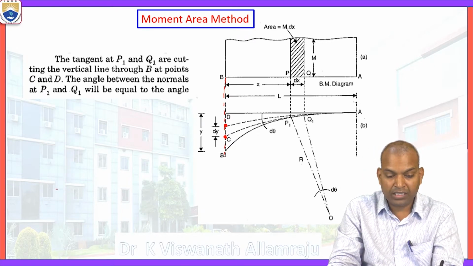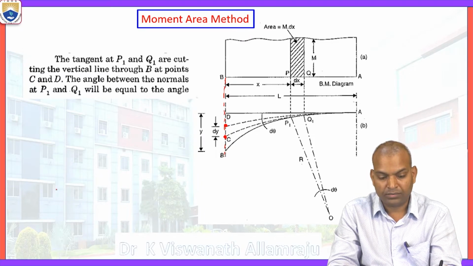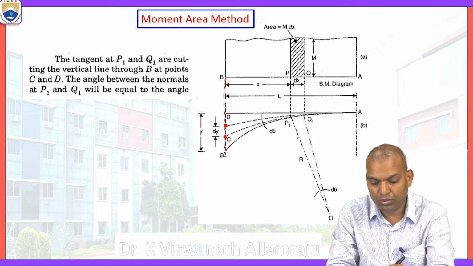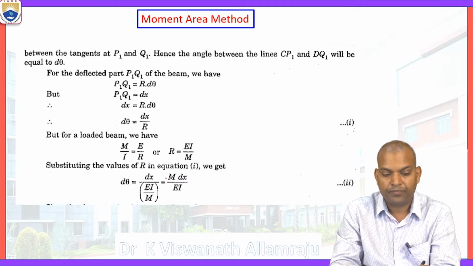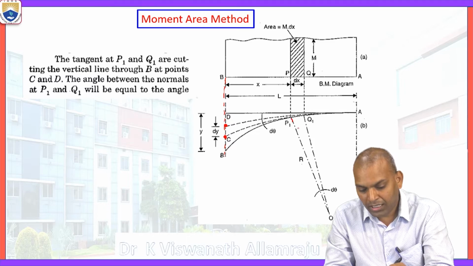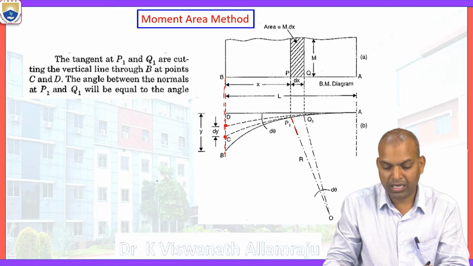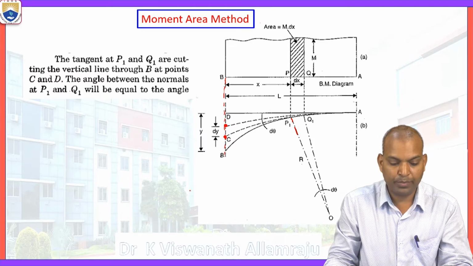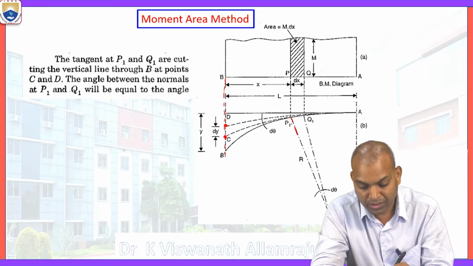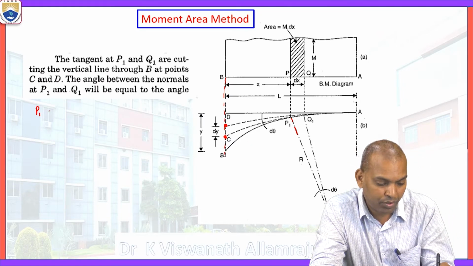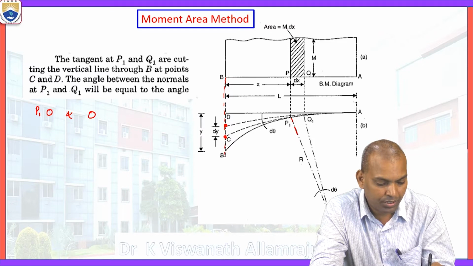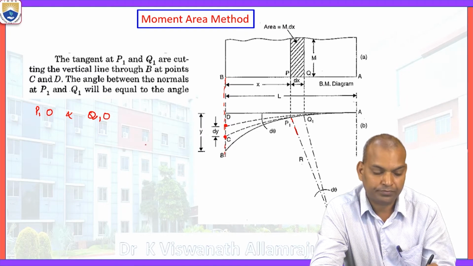The angle between the normals will be equal to the angle between the tangents at P1 and Q1. The normals here are P1O and Q1O.